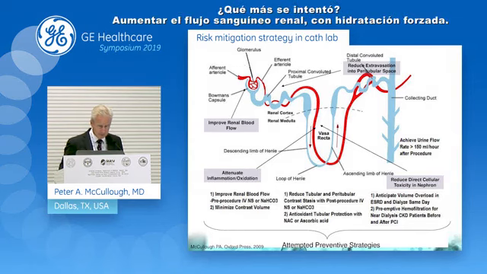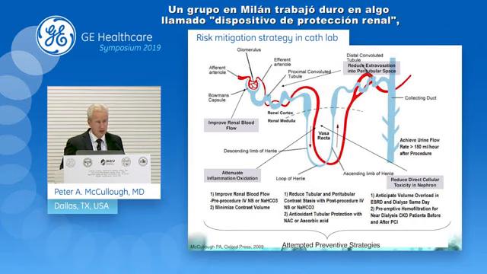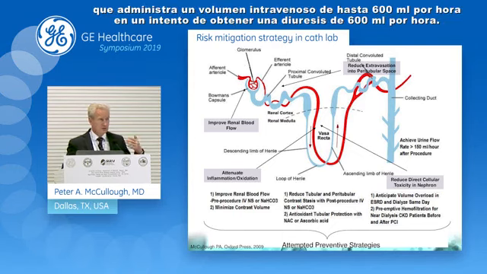What else has been tried? Well, there's attempts to increase renal blood flow even with forced hydration. And the group in Milan has done a lot of work with something called the RenalGuard device, which administers intravenous fluid even up to 600 cc's an hour, and attempts to get a urine output up to 600 cc's an hour using this approach.